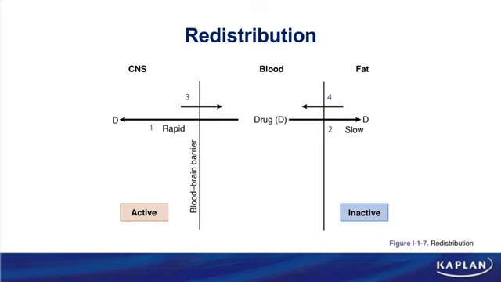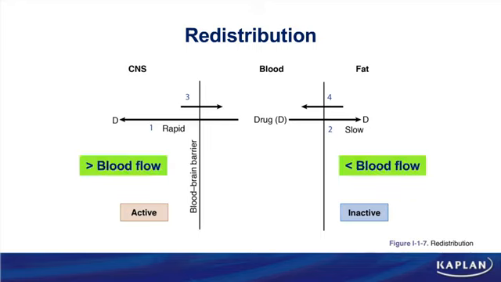Well, this goes back to an earlier concept on vascularity. Who's the more vascular tissue? Is it the CNS or the fat? Obviously, it's the CNS. With greater blood flow, the CNS is going to get a higher concentration of the drug initially on initial distribution. So the drug moves into the CNS.